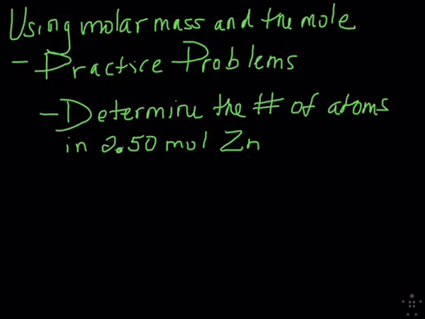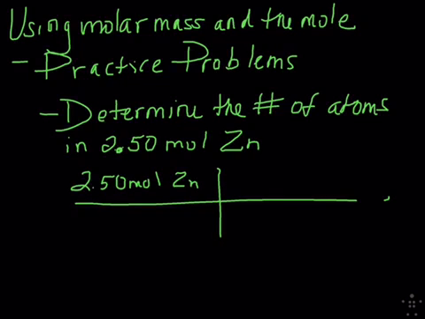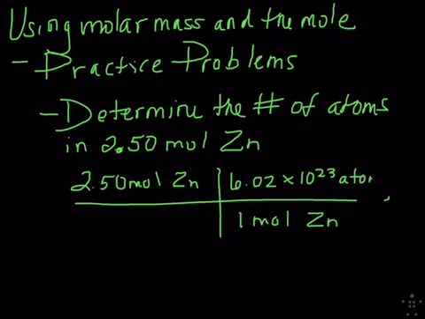So, for that, I have 2.50 moles of zinc. And I can use the conversion factor for that. I know that 1 mole of zinc, just like I put at the beginning of our last little bit of math, is equal to 6.02 times 10 to the 23rd atoms.